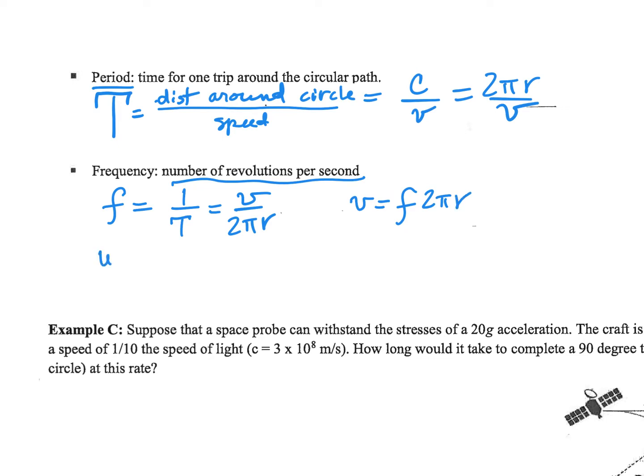Units for frequency are going to be hertz. Hertz, which are 1 unit per second, which is seconds to the negative 1. Period, of course, its units are in time. Its units are seconds. Okay?